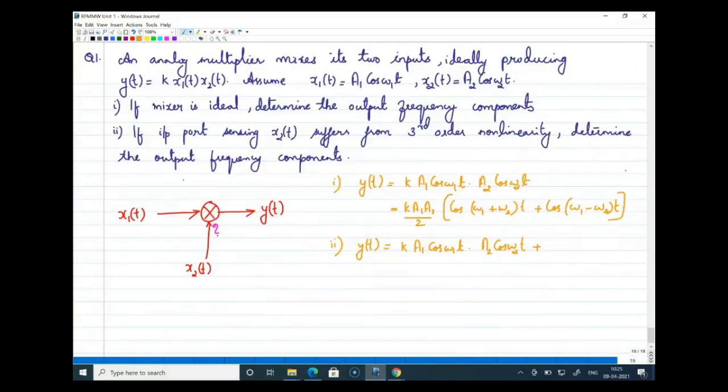So I can write it as alpha 3 a2 cube by 4 cos 3 omega 2t. I hope you understood this. This is your fundamental, the regular input. Along with that, because of nonlinearity, I'm adding the third order nonlinear term.